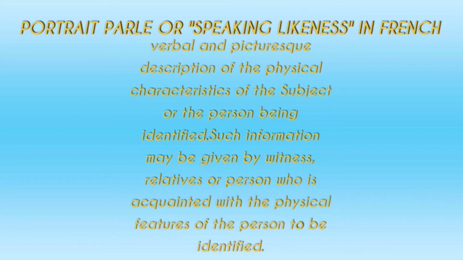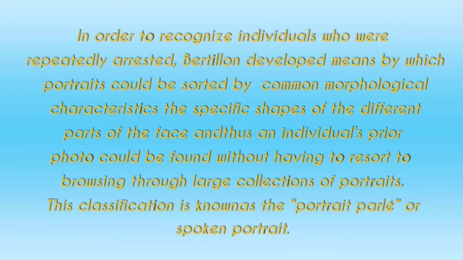In order to recognize individuals who were repeatedly arrested, Bertillon developed means by which portraits could be sorted by common morphological characteristics, the specific shapes of the different parts of the face, and thus an individual's prior photo could be found without having to browse through large collections of portraits.